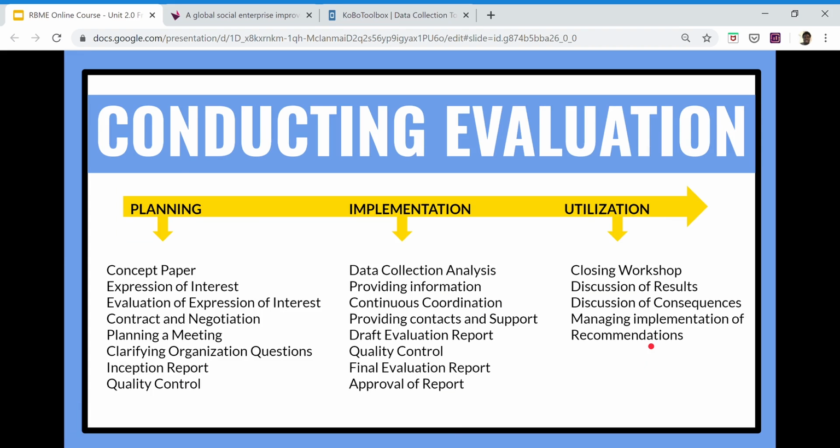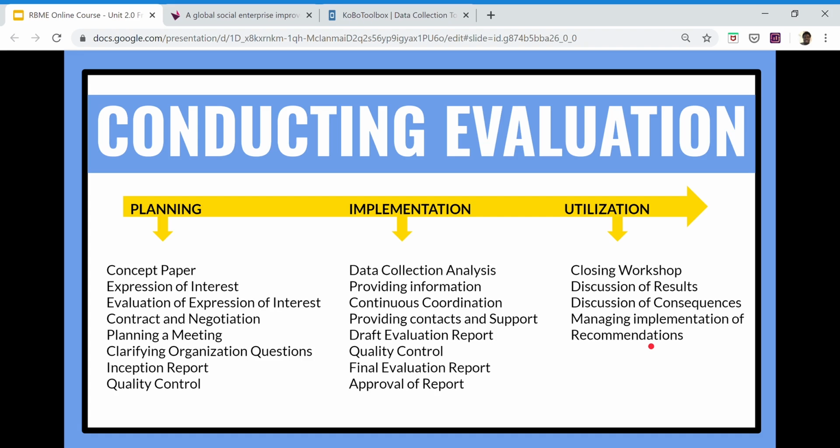Then we looked at the phases of an evaluation, right? We talked about the planning, the implementation stage, and the utilization stage. This is all what happens in an evaluation that you might want to carry out as an evaluator, right from the planning stage to the implementation stage and to the utilization stage.